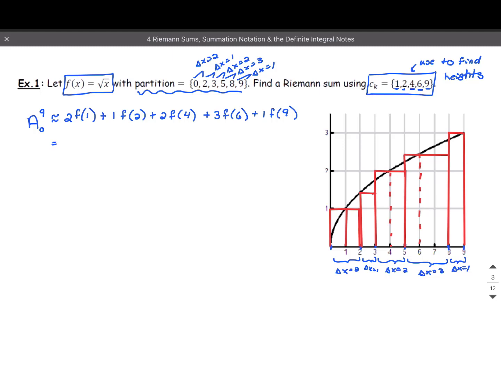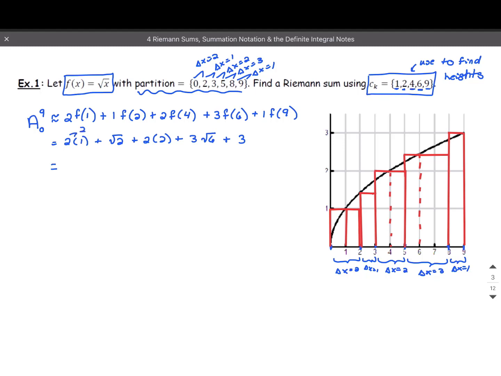Now remember, f of x is the square root of x. So it's 2 times the square root of 1, which is 1, plus 1 times the square root of 2 is rad 2, plus 2 times the square root of 4 is 2, plus 3 times the square root of 6 is rad 6, plus 1 times the square root of 9 is 3. Now we've got 2 times 1 is just 2.